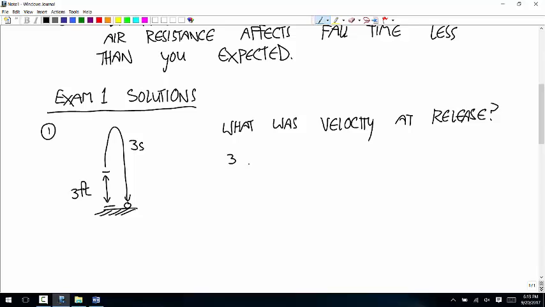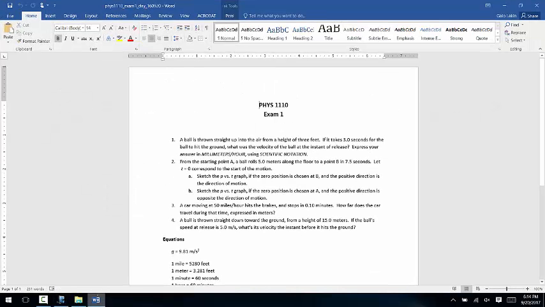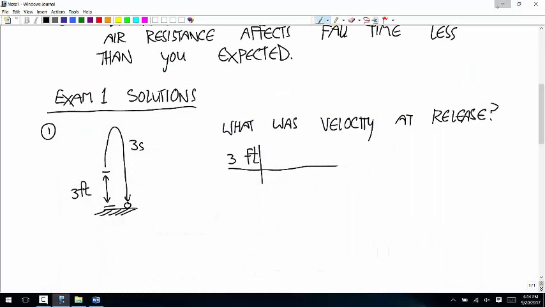So 3 feet, 1 meter is 3.81 feet. And so that comes out to be like, can someone tell me 0.91 or something? 0.94?